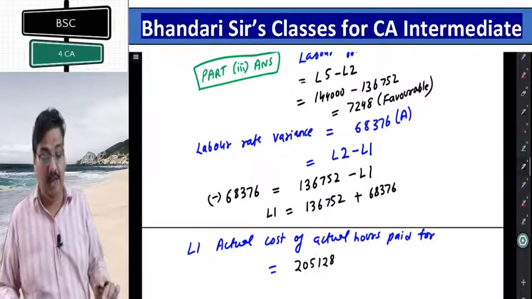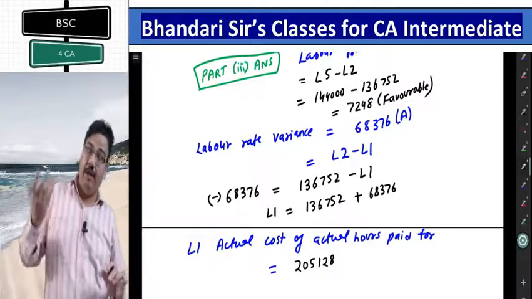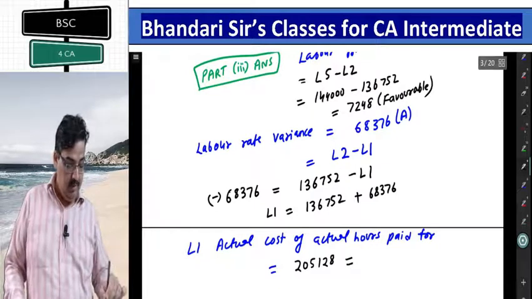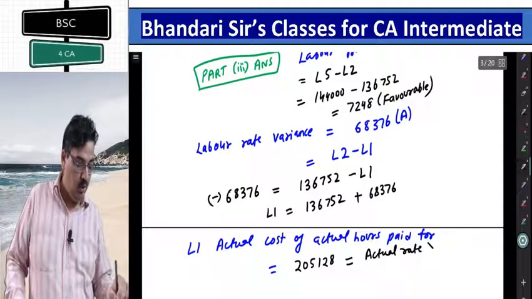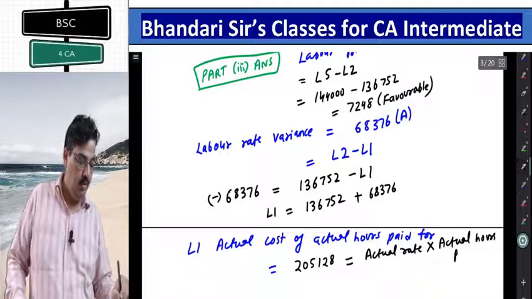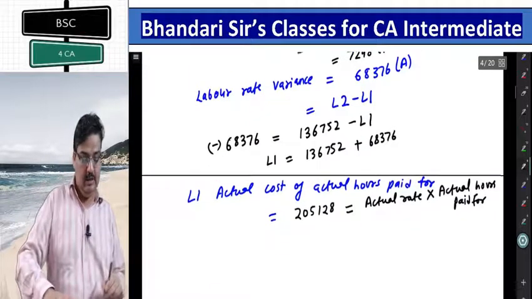They are asking actual labor rate per hour. So if I divide this, this is equal to actual rate multiplied by actual hours paid for. In absence of idle time, paid for and worked are the same hours.